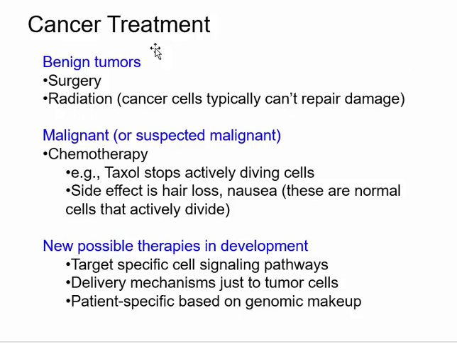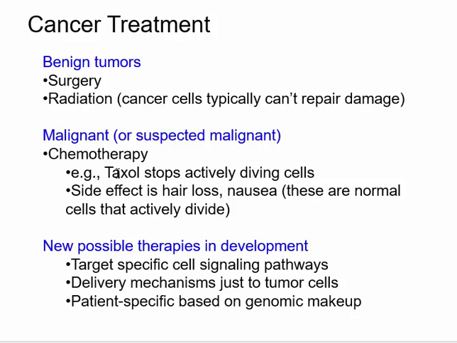Radiation treatment is often done together with that, targeting those benign tumors. The malignant tumors, again, that's cancer, are much more difficult to deal with. And that's where you get into chemotherapy, because you don't know where they all are. Maybe you surgically remove what you can, and then chemotherapy is used to treat wherever those other cancer cells might be.